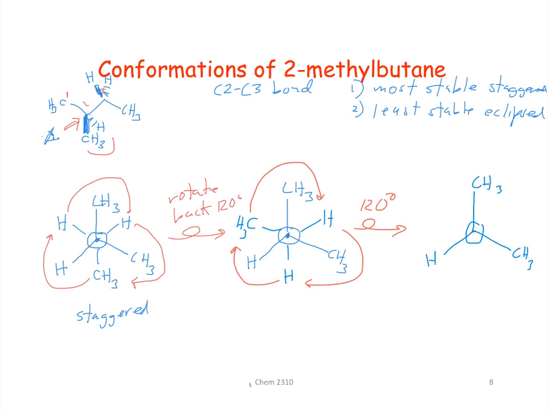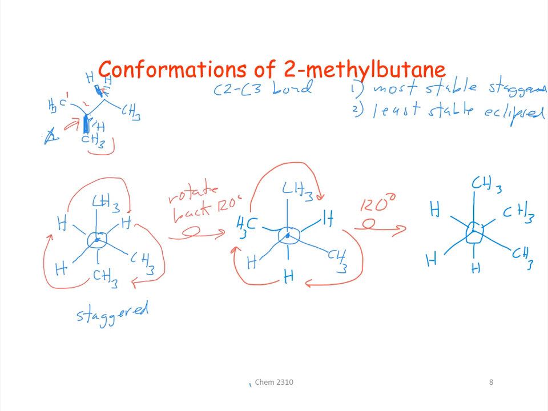Back carbon is rotated, so now I have a methyl group here, and then an H here, and an H over here. Okay, so these are the 3 possible staggered conformations around the C2-C3 bond of 2-methylbutane.